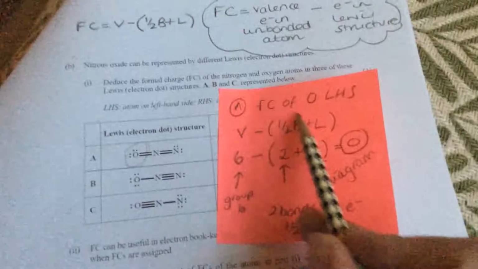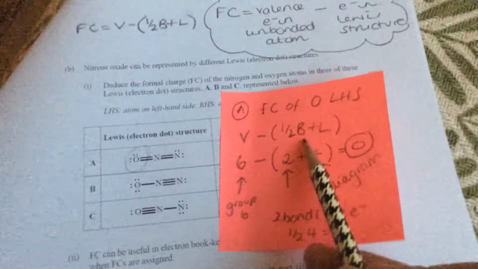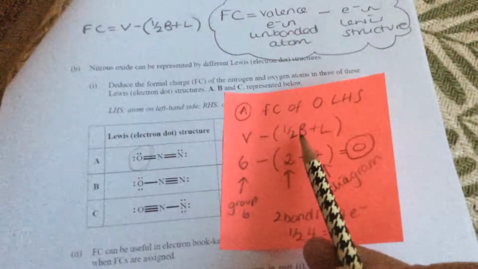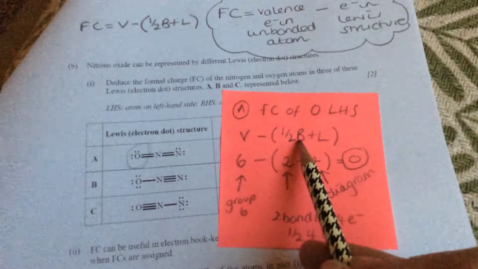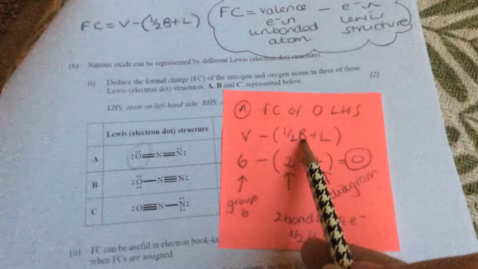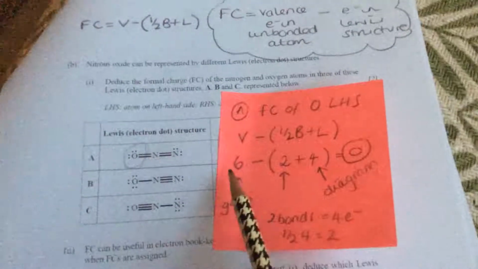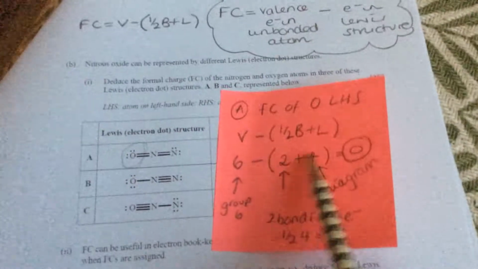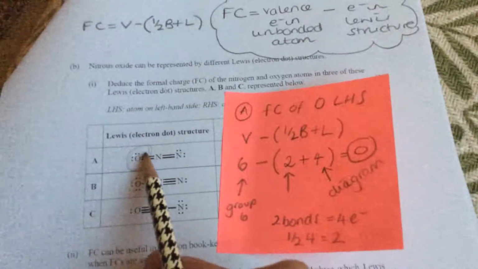What you are saying by half a B is half of the bonding electrons. I find it easier to actually say B bonds. So instead of half of the bonded electrons, B for bonds. So 6 is the valence electrons minus 2, there's 2 bonds, plus 4, 4 lone electrons, 1, 2, 3, 4.